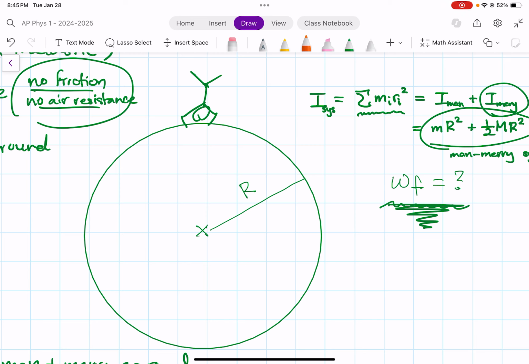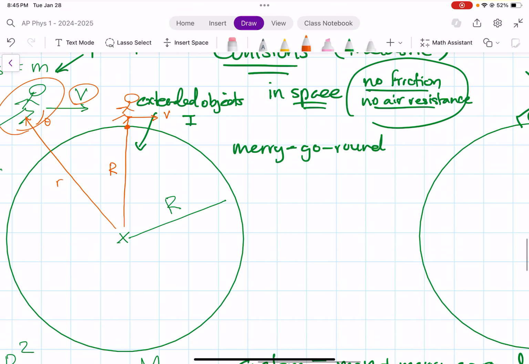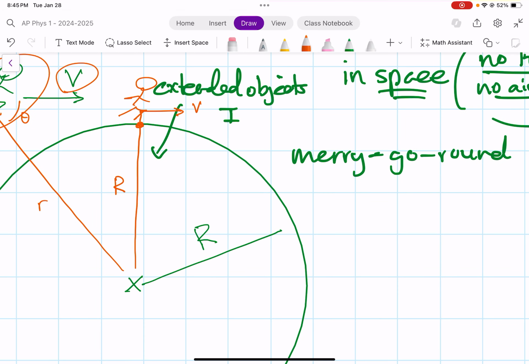So this man should still have the same tangential velocity, which would be whatever angular velocity he had before times r. So if we go back over here, angular velocity is velocity divided by r, so that would mean that v equals omega times r.